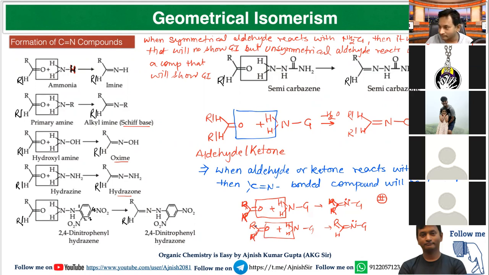This is R and this is R dash. If they are different, then R and R dash will be formed. So again, when symmetrical ketone reacts with NH2Z, it will form a compound that will not show GI. And when unsymmetrical ketone reacts with NH2Z, it will form a compound that will show GI. Is it clear?